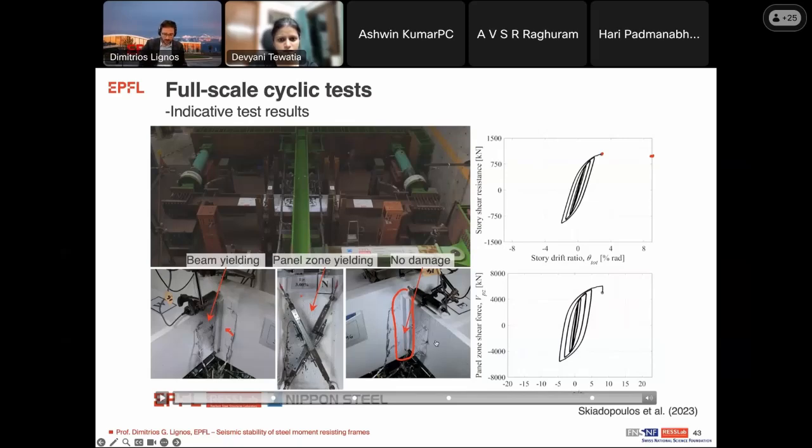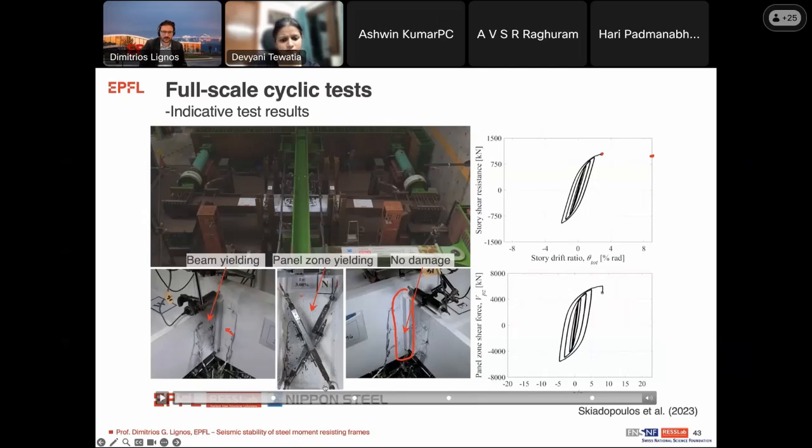So I guess what I'm trying to say is that, when we are promoting inelastic deformation in the panel zone, shear yielding, basically you see here in this image that the only thing it does is that it kind of flakes the paint. And the other thing that could be concerning is the fatigue life.